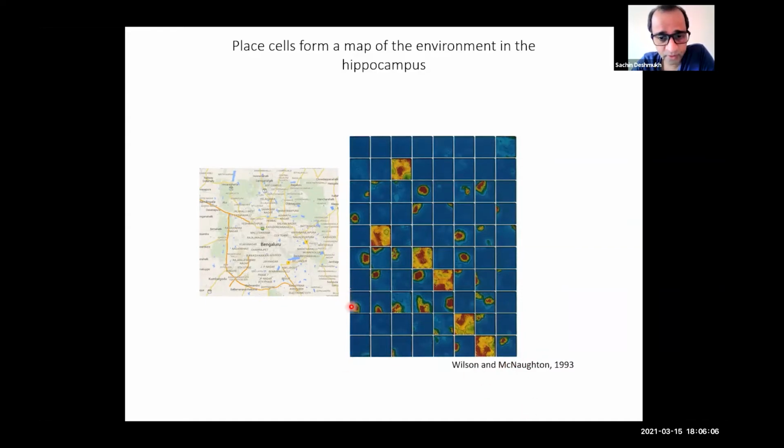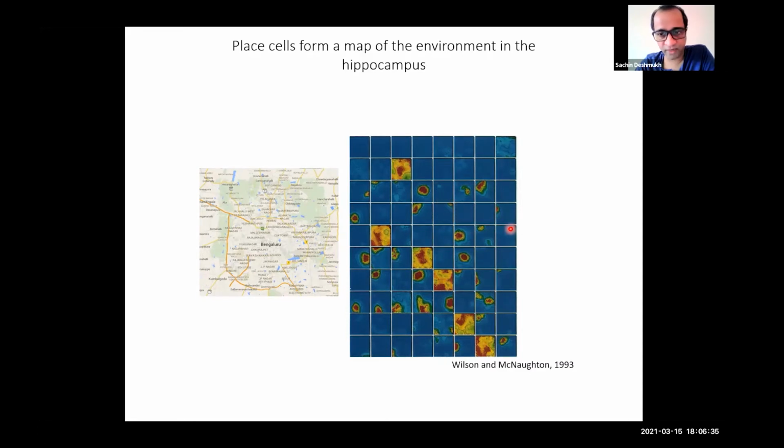Each of these squares represents the activity of one single neuron in a particular square environment. So different squares are activities of different neurons recorded simultaneously in exactly the same environment. You can see this particular neuron fires towards the bottom left of the environment. This neuron fires to the center right of the same environment. This neuron fires at the exact center of the environment.